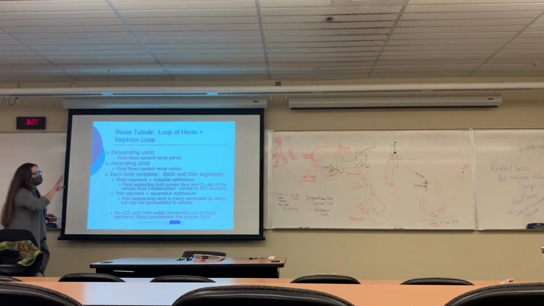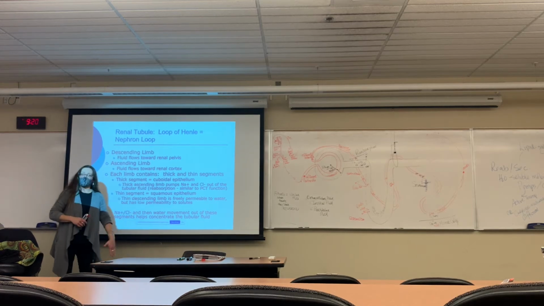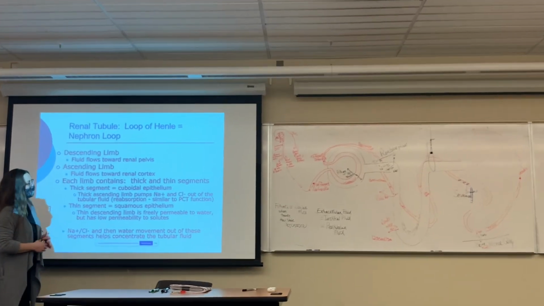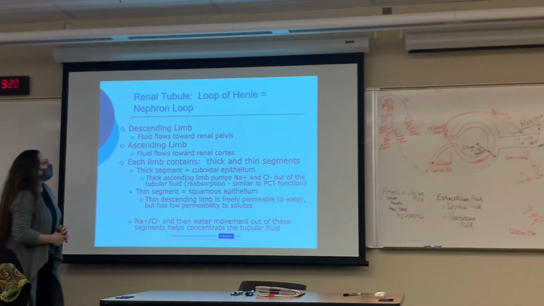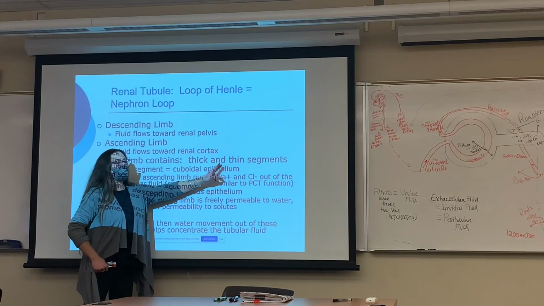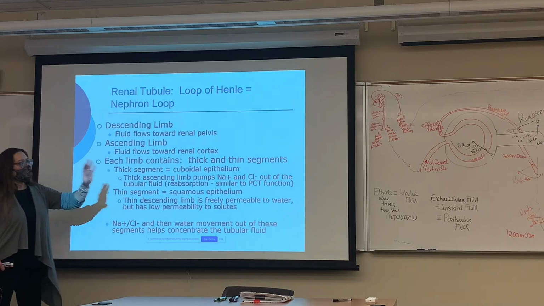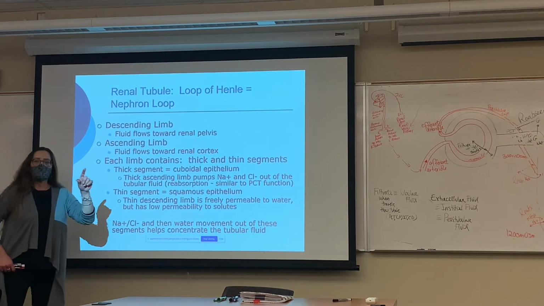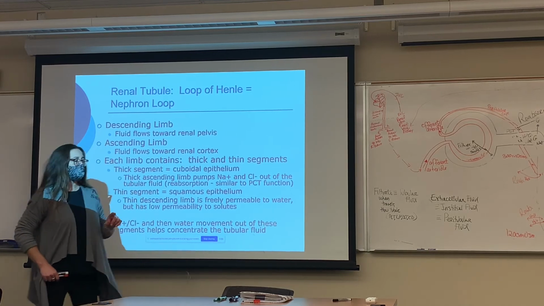Okay, the loop of Henle. We have a descending limb that goes down towards the medulla, and the ascending limb comes up towards the cortex. Each of those limbs has what's called a thick and a thin segment. We'll look at that more on Wednesday when we talk about a process called countercurrent multiplication.